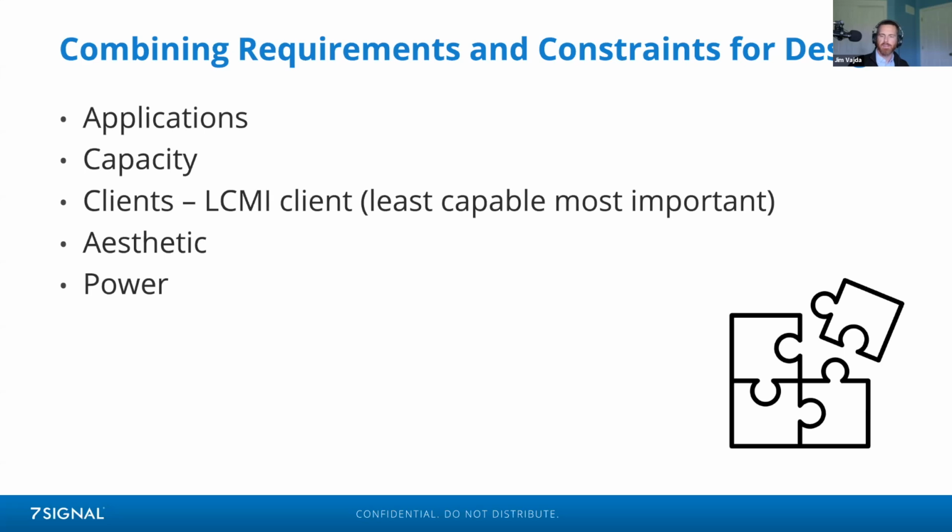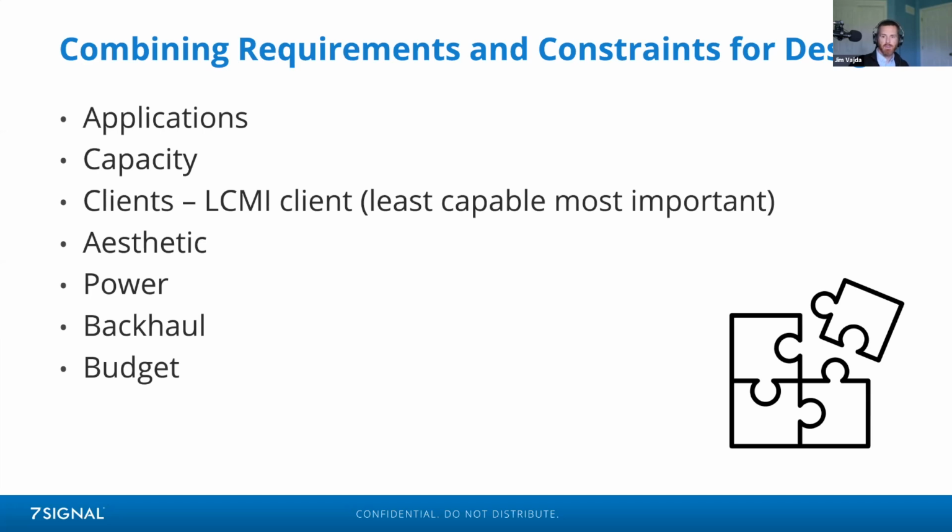Power, right? Can we get the PoE that we need, or the mains power for our APs? Backhaul, do we have gigabit Ethernet available wherever we need it, or do we have to think about doing mesh backhaul or long fiber runs or other options?